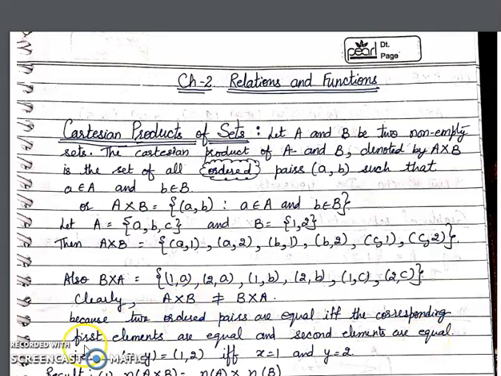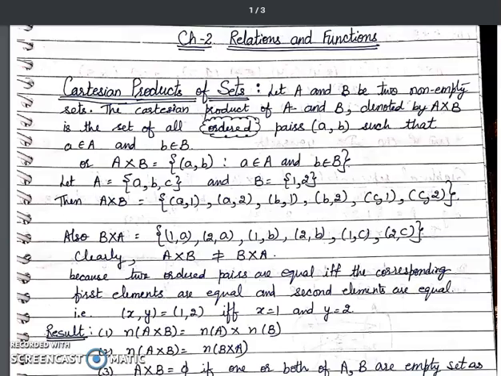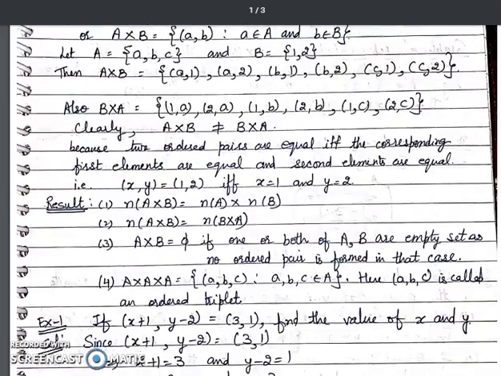Means if we have two ordered pairs (x, y) and (1, 2), then these two are equal if first elements are equal, means x is equal to 1, and second elements are also equal, means y is equal to 2. And if x is equal to 1, y is equal to 2, then these two ordered pairs are also equal. Okay.